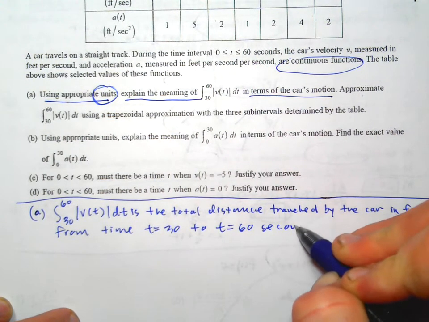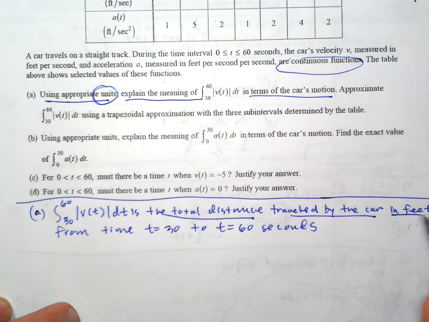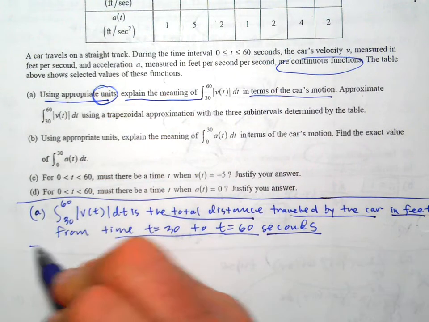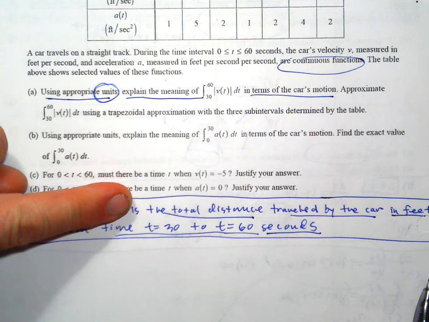You have to have all this. Total distance traveled by the car in feet, time 30 to 60 seconds. Okay? And don't leave that out. Don't say it is. Well, what's it?